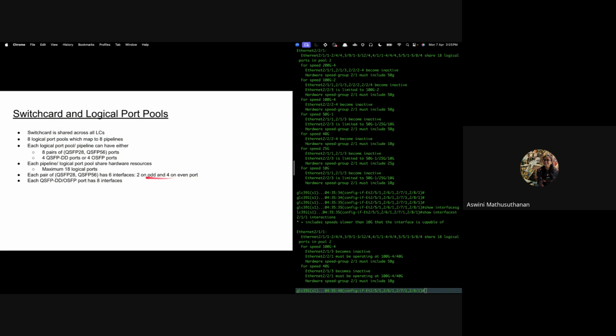This makes six interfaces in total, out of which only four can be active per pair. And here we have six interfaces, but for QSFP-DD and OSFP, we still have all eight interfaces because the number of SerDes is equal to the interface lanes.